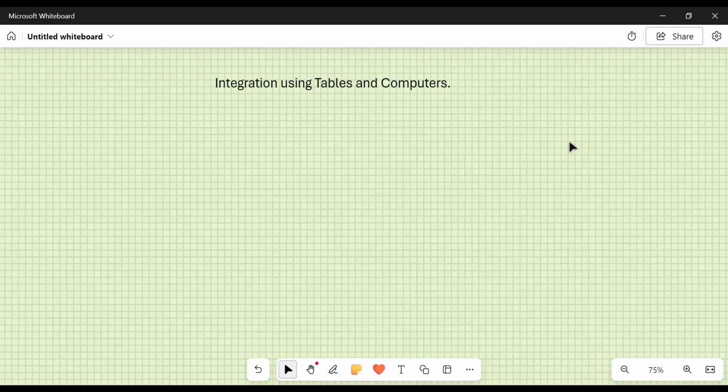So guys, in the next section, we are going to talk about integration using tables and computers. And when I say computers, I mean computerized algebra systems, something like Mathematica or MATLAB or Maple, where you actually can integrate like you do in class.